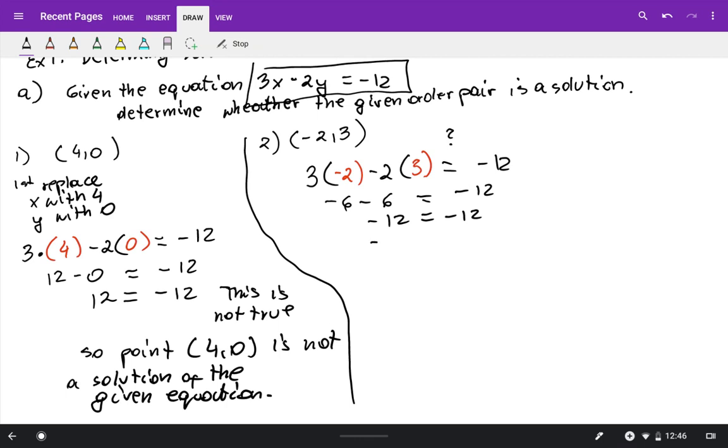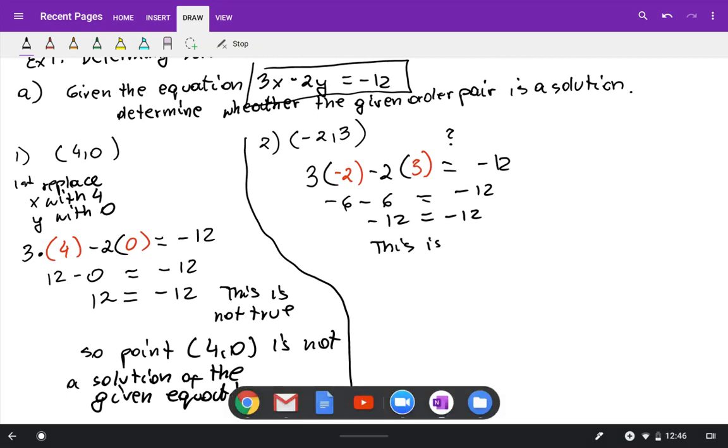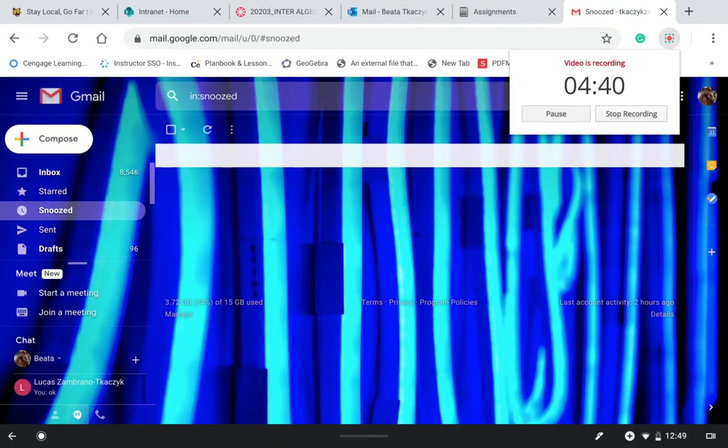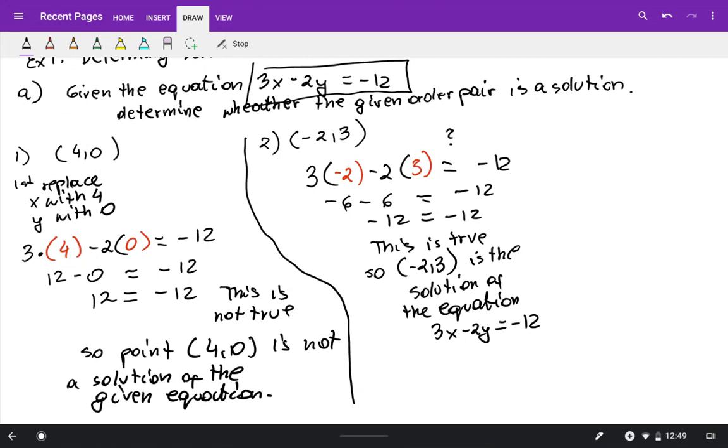So since this is true, we just showed, after replacing x and y with the coordinates of the given point, that we end up with a true statement: negative 12 is equal to negative 12. So the point negative 2 comma 3 is the solution of the equation 3x minus 2y equals negative 12.